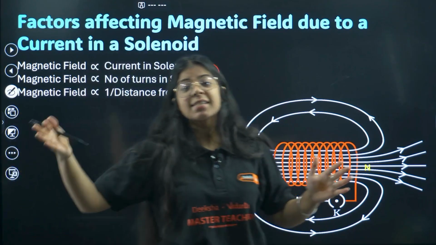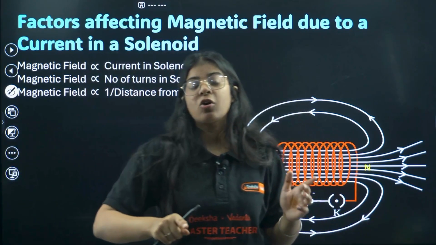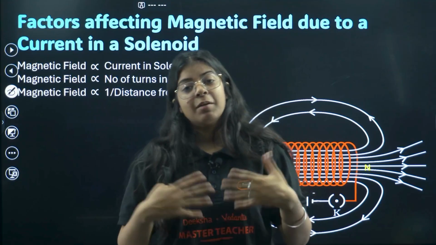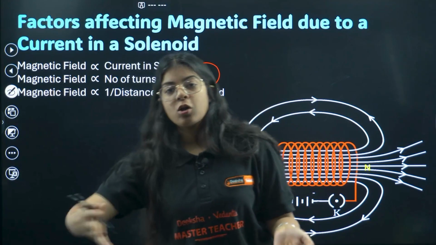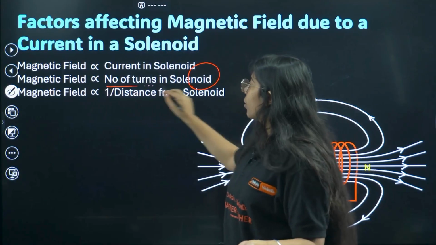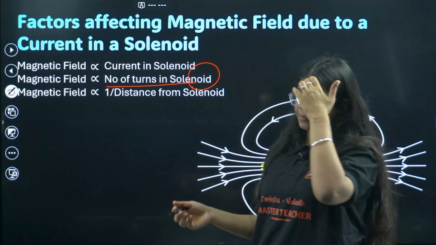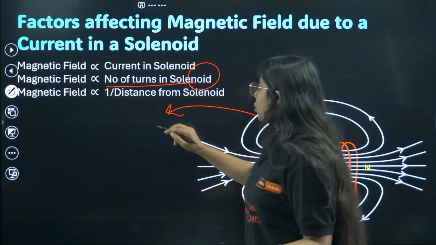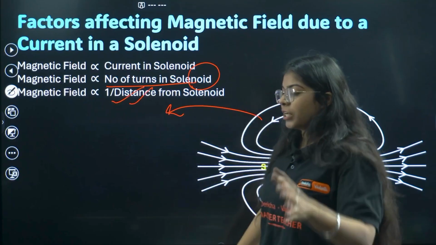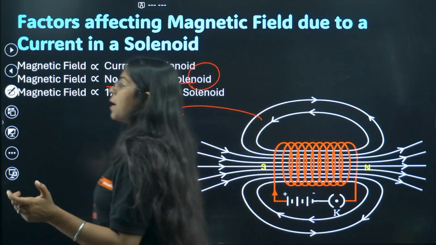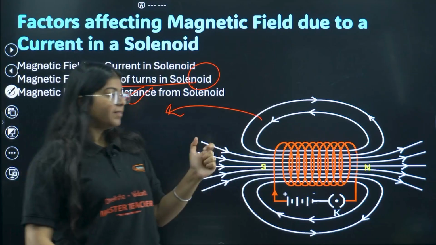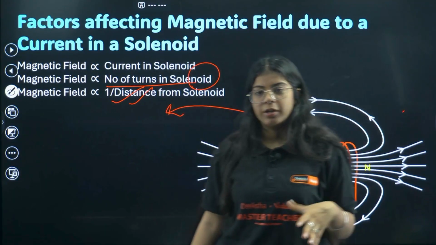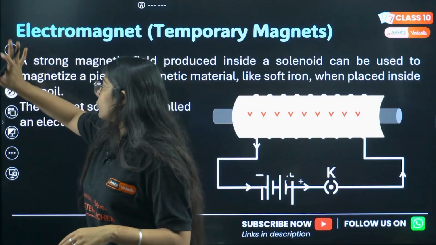If we increase the number of turns to 20, the magnetic field strength will also increase, as it is directly proportional to the number of turns. But if I go away from the solenoid, the magnetic field strength will decrease, and hence the magnetic field is inversely proportional to the distance from the solenoid. True. Let's move on to the next.